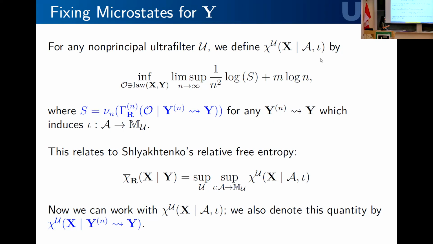It only depends on what the subalgebra is and what the embedding of that subalgebra into the matrix ultraproduct is. In that case, I can just take the supremum over all embeddings into some matrix ultraproduct, and then the supremum over all ultrafilters, and I recover Shlyakhtenko's relative free entropy. And now I can actually just work with a fixed sequence of microstates, so all analysis gets easier.